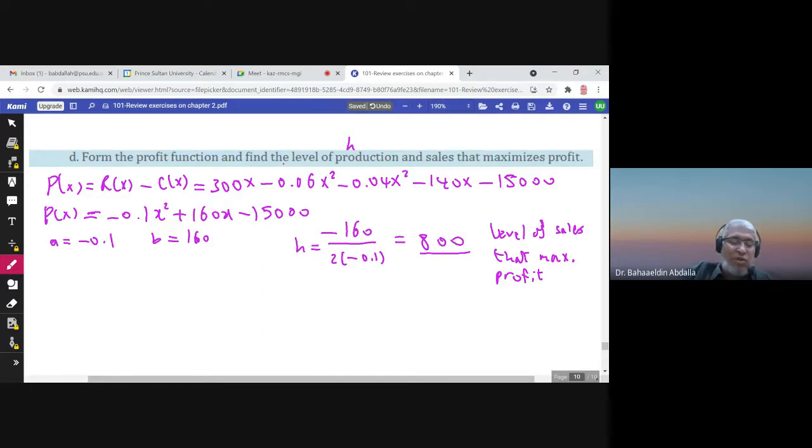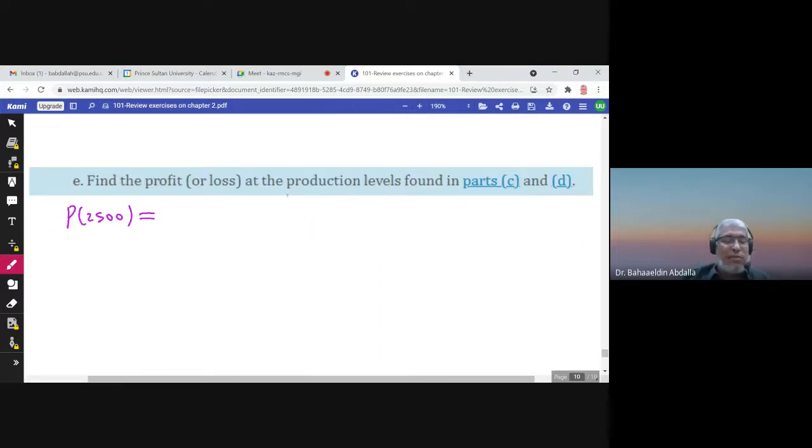So negative 0.1 times 2,500 squared, plus 160 times 2,500 minus 15,000. The answer is negative 240,000. So it's a loss.